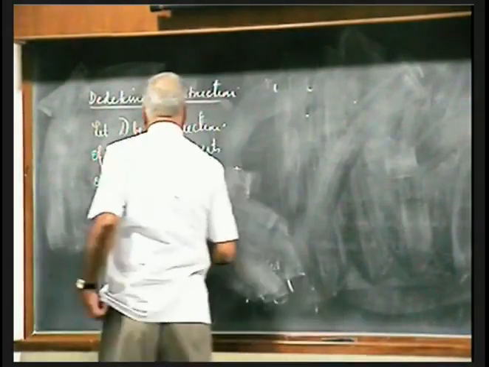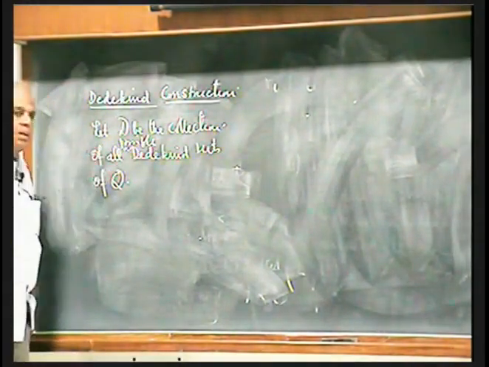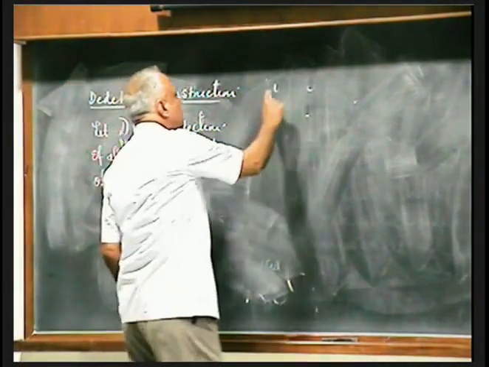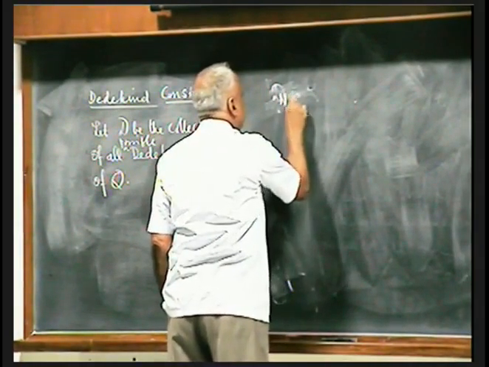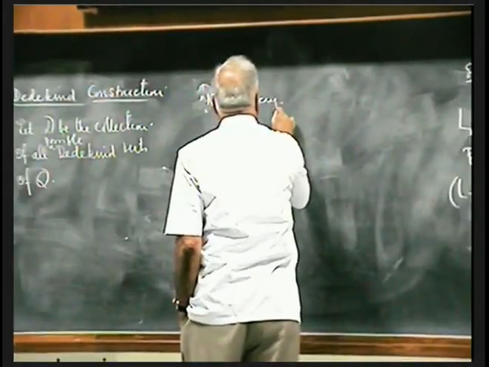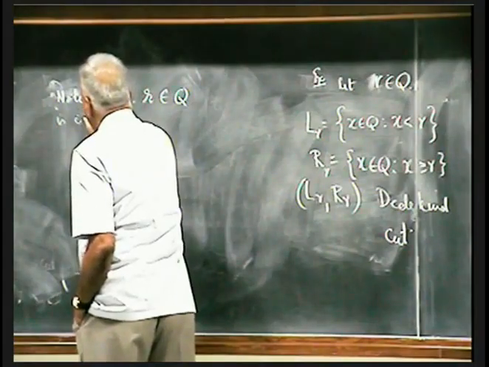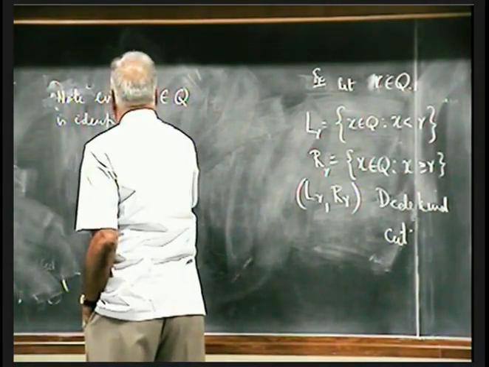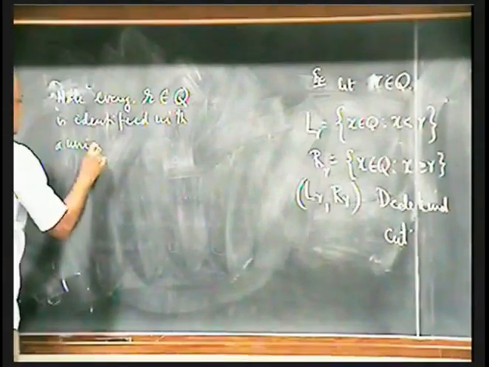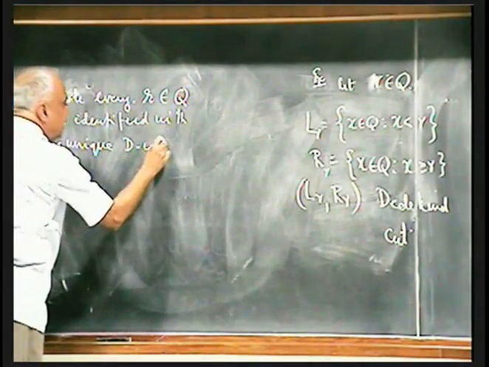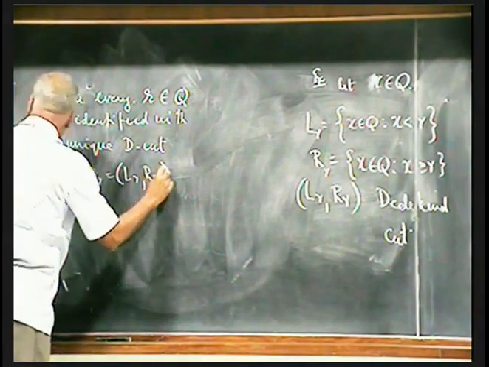Okay, note every r in Q is identified with a unique Dedekind cut D_r equal to (L_r, R_r).